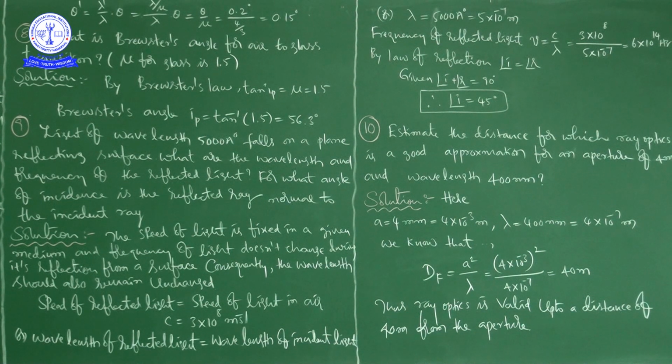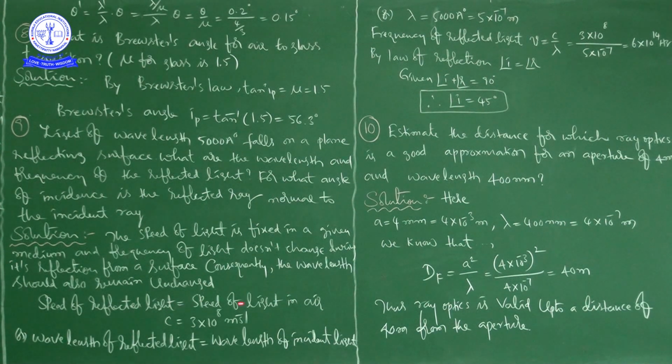You know that constant, C is equal to 3 into 10 to the power of 8 meters per second. From this, speed is equal to nu lambda, right? Here also nu lambda, here also nu lambda.